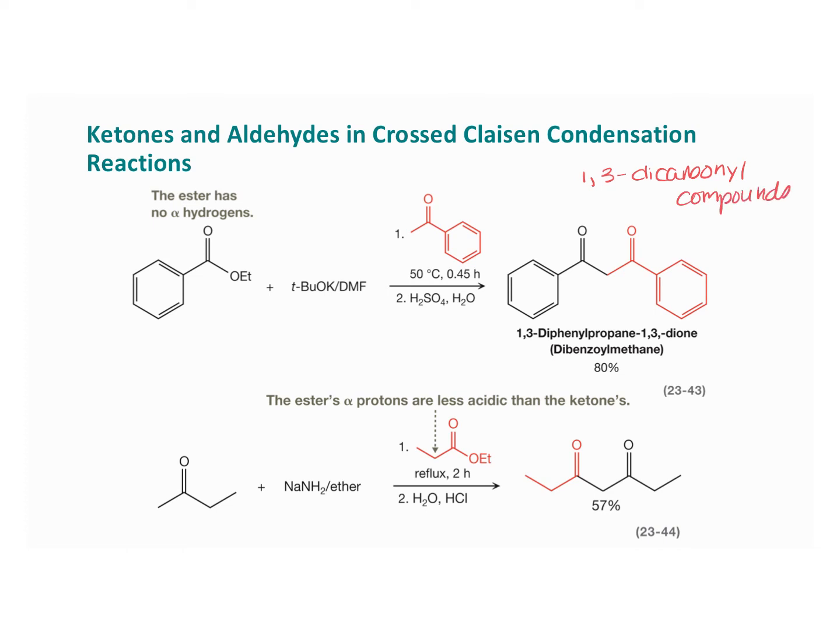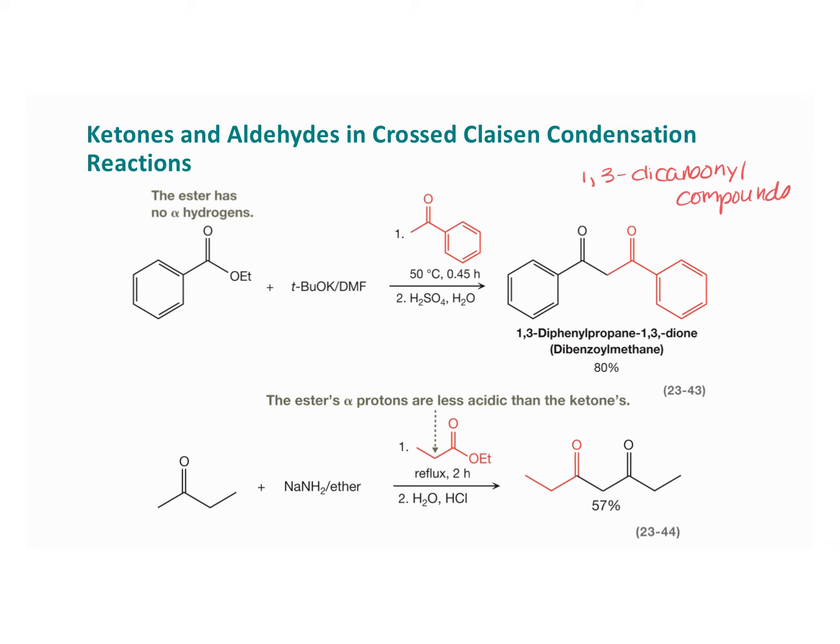The reaction in equation 2343 is very synthetically useful because the ester has no alpha hydrogens. And then in 2344, the ester has alpha hydrogens, but the reaction is synthetically useful because the ester is significantly less acidic than the ketones. So these are two reactions that work really well as a cross-Claisen condensation.